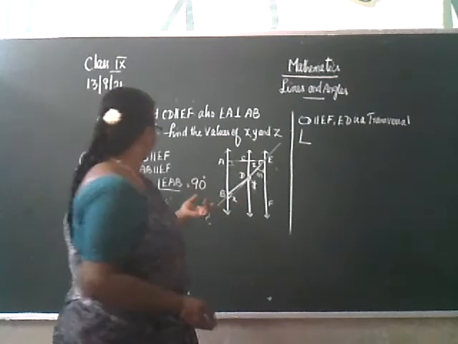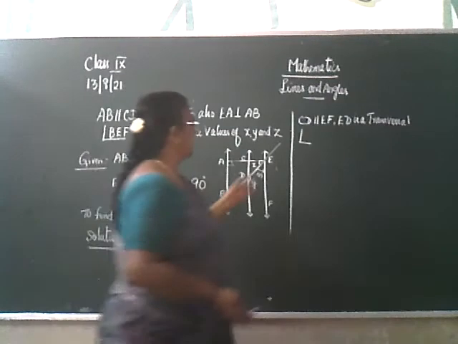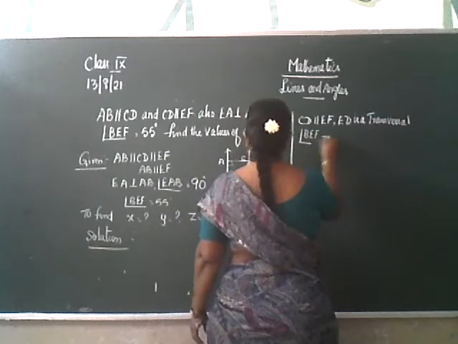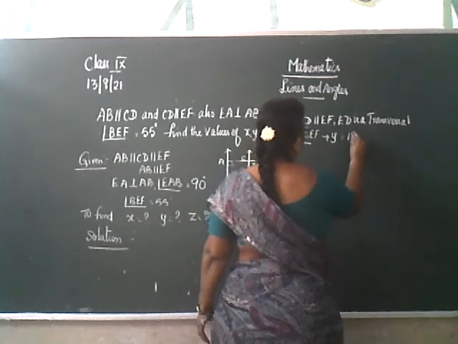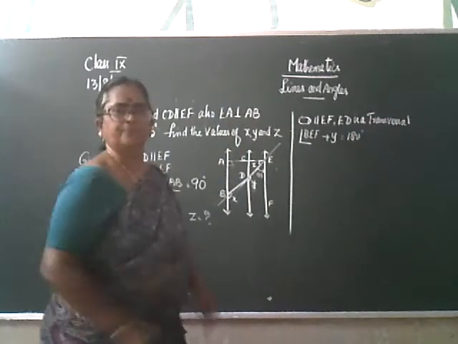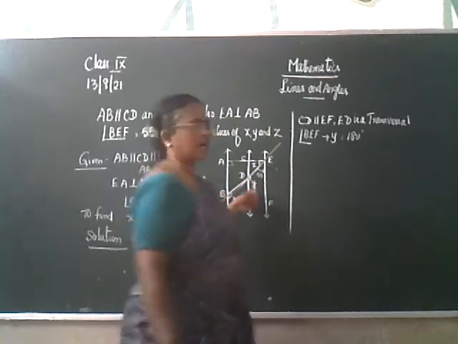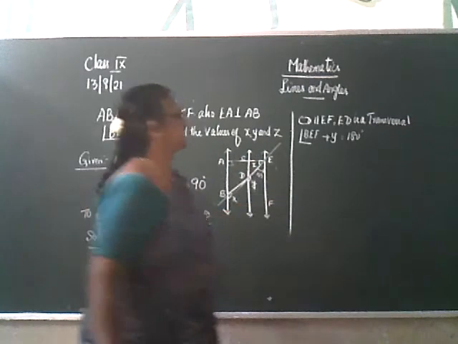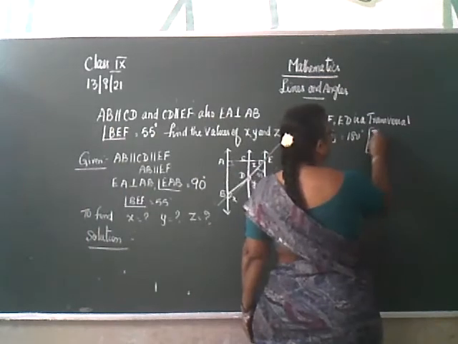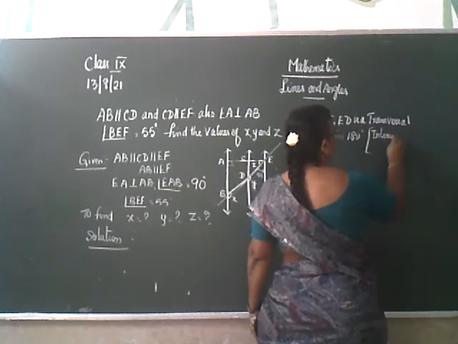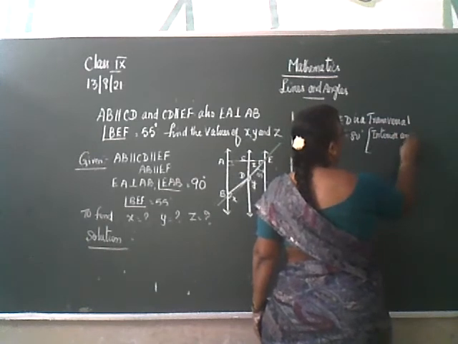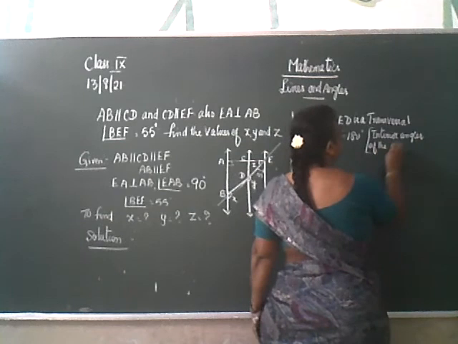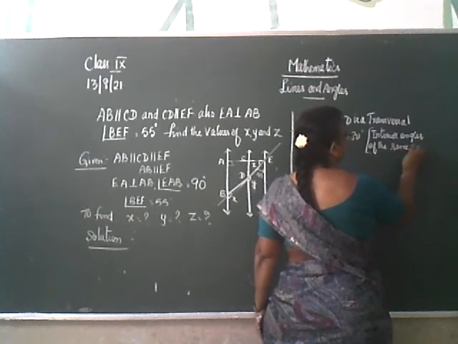So I can write, it is given BEF, that is nothing but BEF plus Y is equal to 180 degree. Why is it? These two are interior angles of the same side of the transversal.